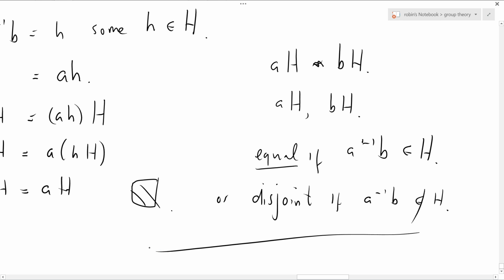That's quite nice. So not only do we know that two cosets are either equal or disjoint, we now have a criterion, which is this thing here, which specifies whether or not that's the case.